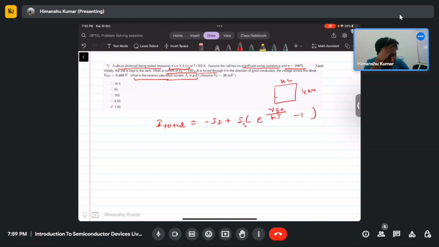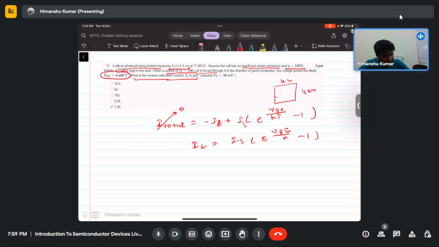Now since this is kept in the dark and VOC is given, that means you need to keep I total as 0 because we are operating in open circuit condition. Then IL will become IL equals IS times exponential of VBE by KT minus 1.